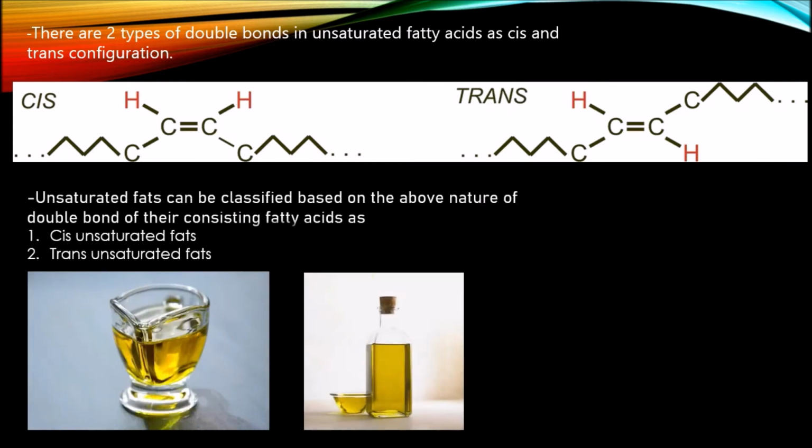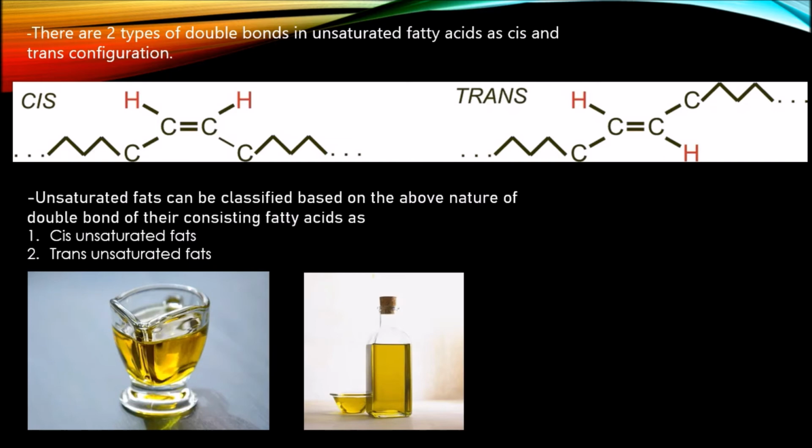A cis double bond results in a kink or bend in the fatty acid. This contributes to the behavior of fats. Unsaturated fats may be classified based on the above nature of the double bond of their constituent fatty acids as cis unsaturated fat and trans unsaturated fat.